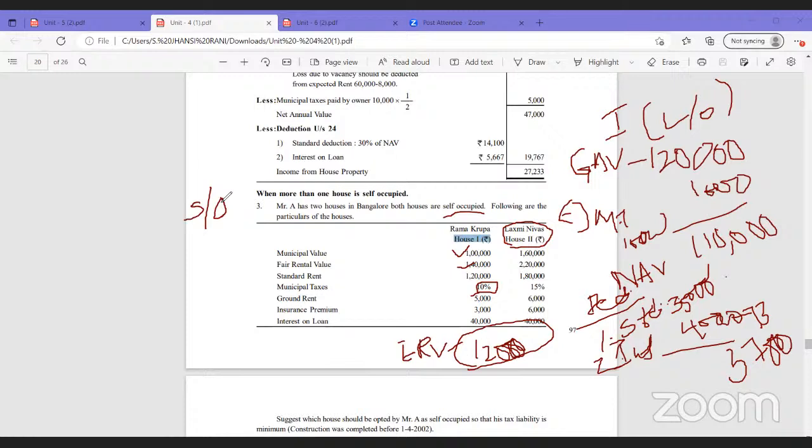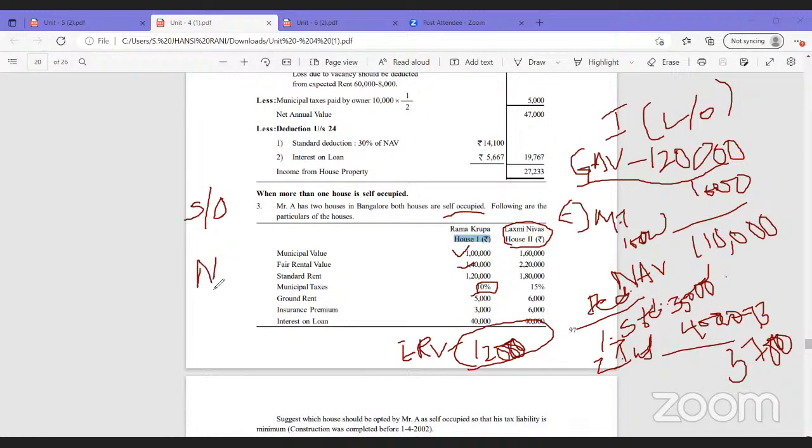If you are staying in your own house, do you get any income or any rent? No, we don't get. So when we don't have any income, there will be no gross annual value. In that case, our solution always starts with net annual value.